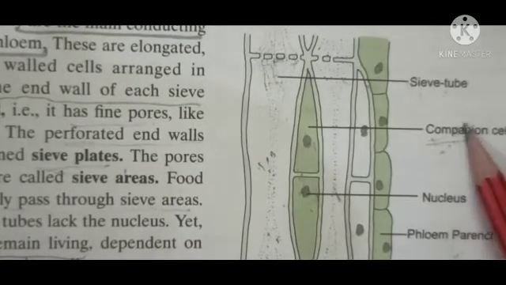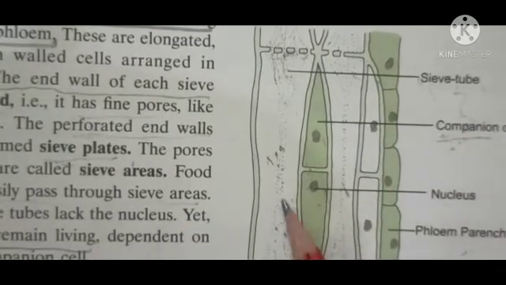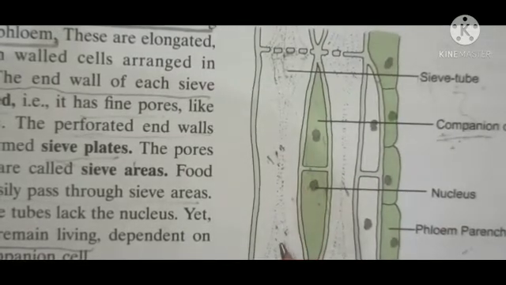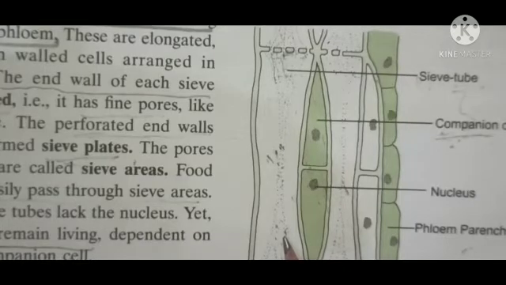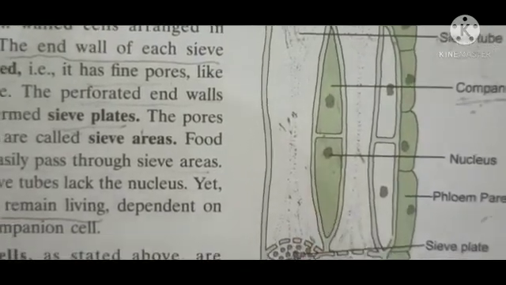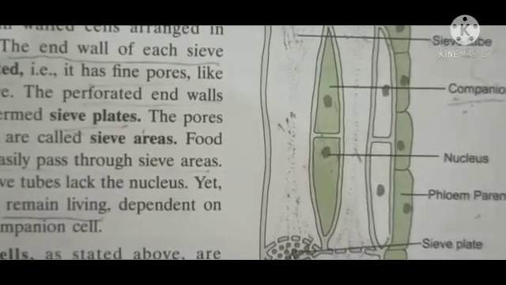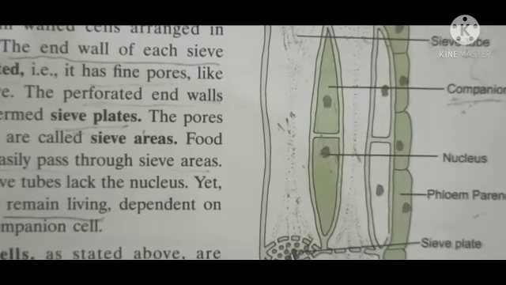Here the first element of phloem tissue is sieve tubes. These sieve tubes are the main conducting element of the phloem tissue. The end walls of these sieve tubes are perforated. Perforated means they have tiny pores, just like a sieve, right?